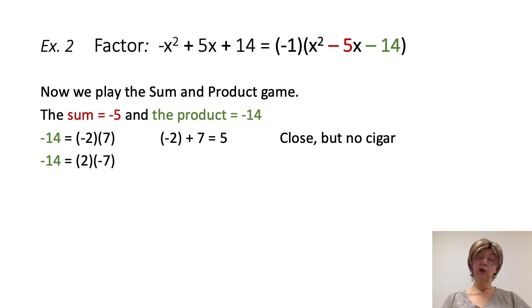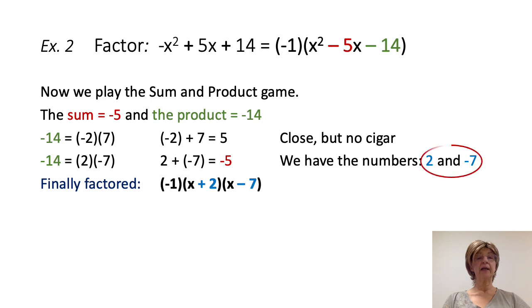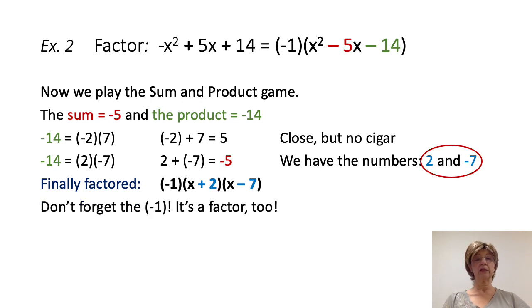So -14 also equals 2 times -7, and 2 plus -7 equals -5. We have the numbers 2 and -7. Finally factored: -1 times x plus 2 in parentheses times x minus 7 in parentheses. Don't forget the -1, it's a factor too.